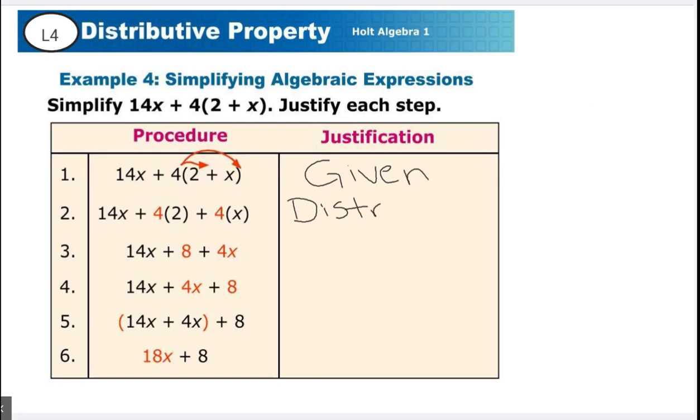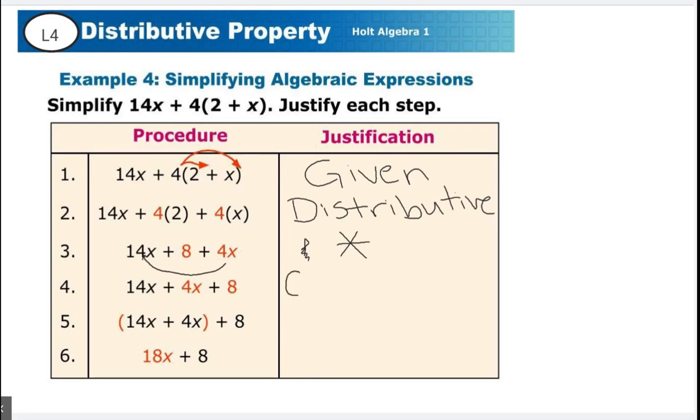Because of my lovely pen, maybe I could write it all out, but it's taking me longer than I'd like. Distributive. Now, this 4 times 2, this is just multiplication, which I'm not going to write out the word. Ta-da, multiplication.